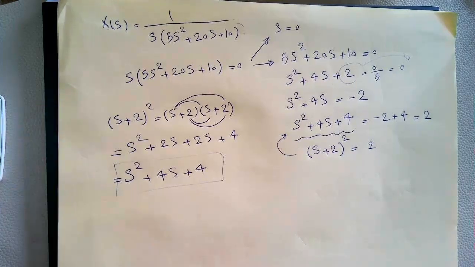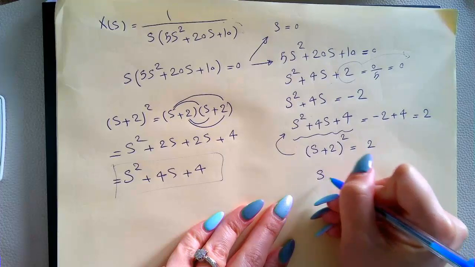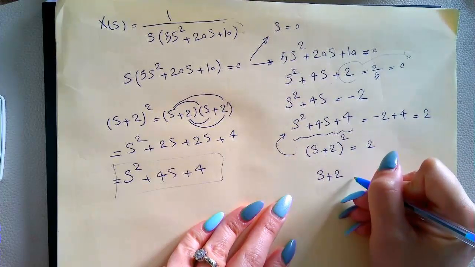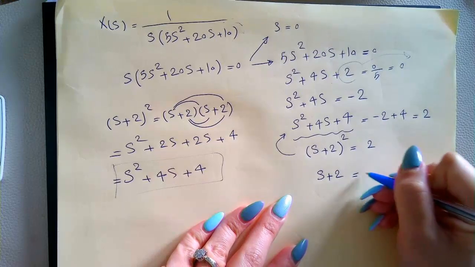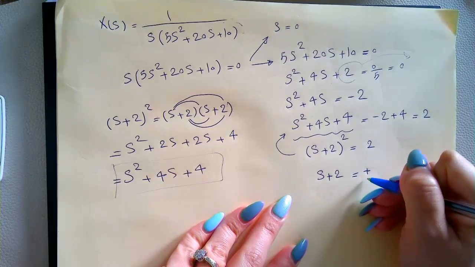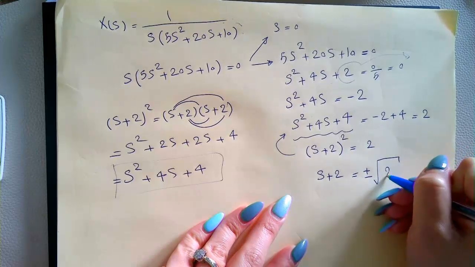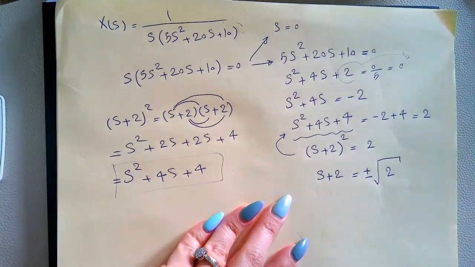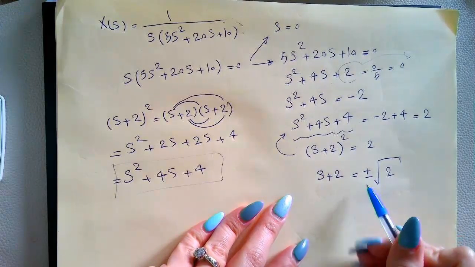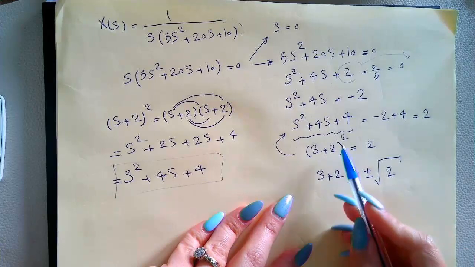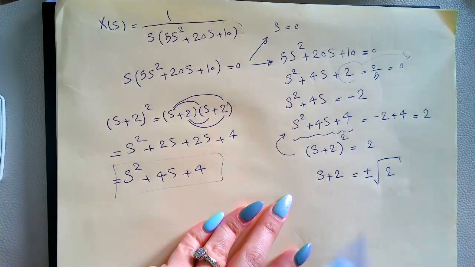Now, this is nice because I can say that s plus 2, if I take the square root of both sides of the equation, can have a positive or negative result of the square root of 2. Why is that so? Because there is a possibility that the result is negative, and as a result of squaring, the whole thing becomes positive.